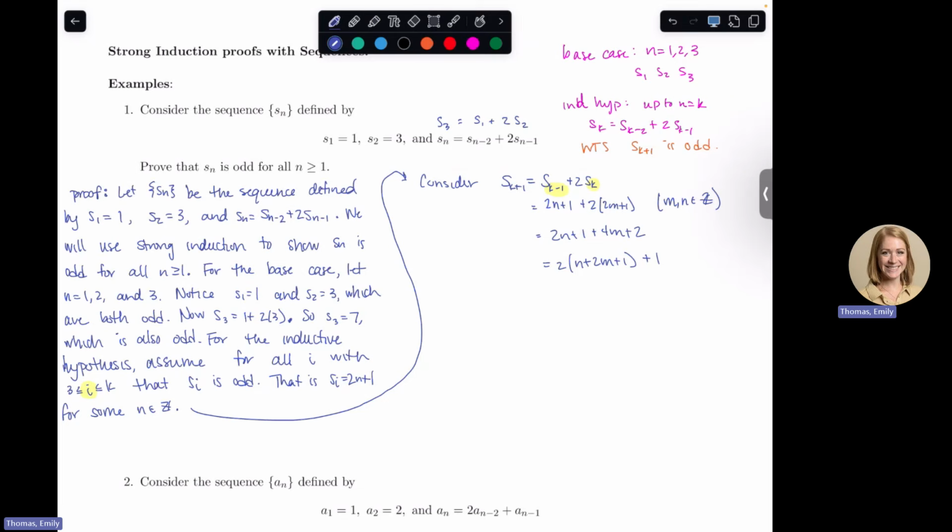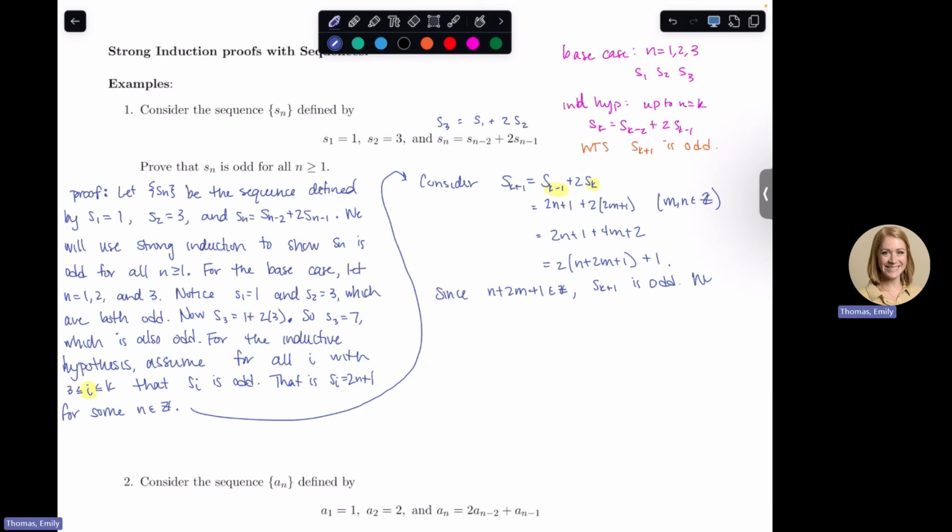Rearranging and factoring out a 2 from the pieces divisible by 2, we're looking at 2 times N plus 2M plus 1, plus 1. So we would say something like, since N plus 2M plus 1 is an integer, S sub K plus 1 is odd.